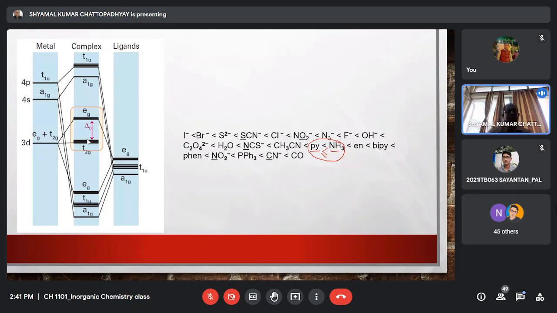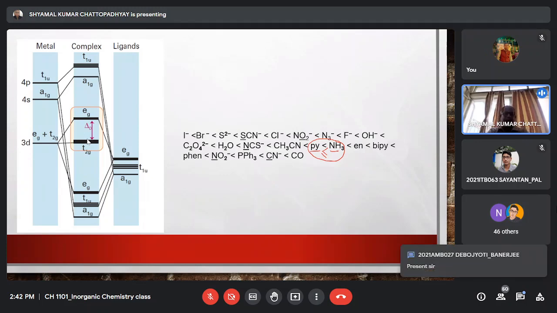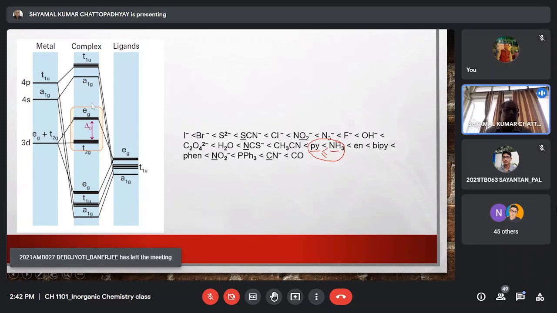So in terms of MO theory, I repeat, the crystal field increases as the ligand becomes a better sigma donor, right? Because a better sigma donor means there will be more overlap of the eg orbitals, and so this eg star will go up, and the crystal field splitting will increase.